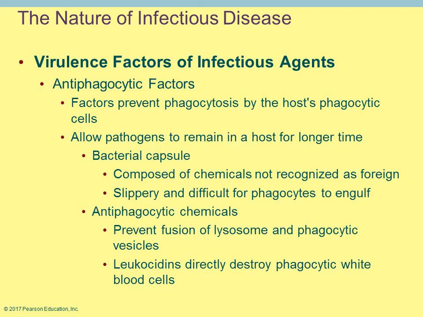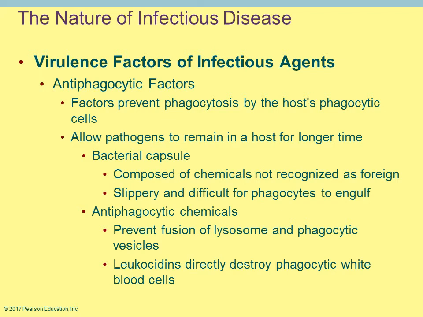Antiphagocytic factors, these are just different factors that prevent your cells from carrying out phagocytosis, or engulfing, basically chewing up and eating for supper the pathogen. One of the biggest things is if the bacteria has a capsule. If it has a capsule around it, we know that this is a virulence factor. It's a benefit to the bacteria, not to you.